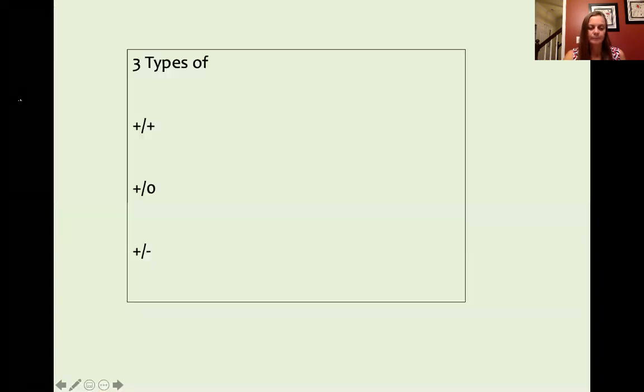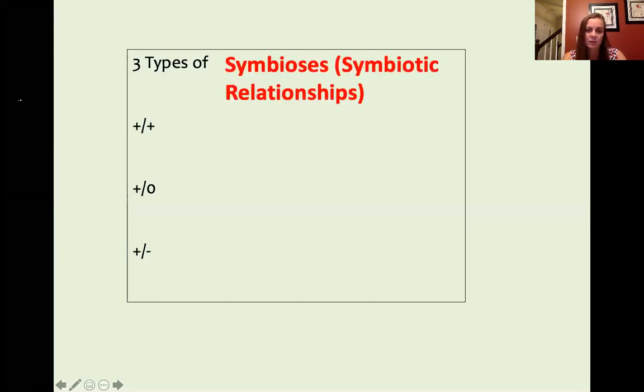Okay, so let's talk about 3 kinds of symbioses. So you guys have probably heard about symbiotic relationships. So we're going to talk about 3 different kinds of symbiotic relationships. There are essentially only 5 types of relationships in biology, ecology. So we'll talk about these 3 and then we'll talk about the other 2.